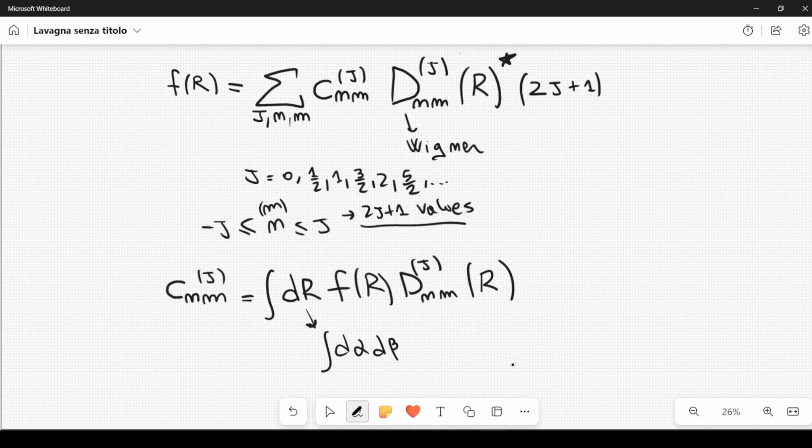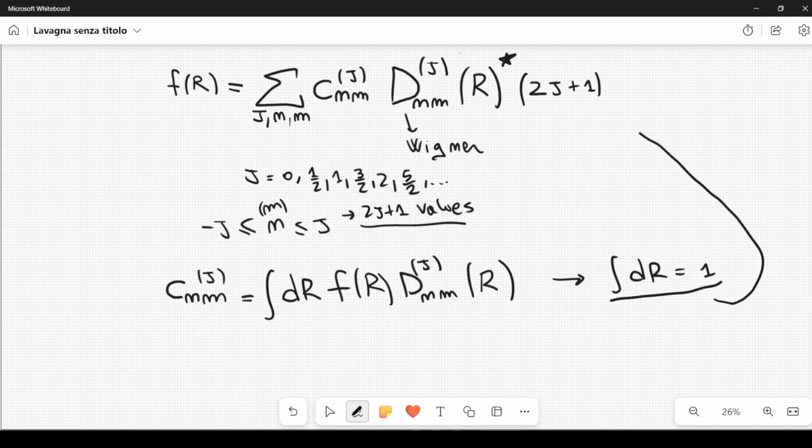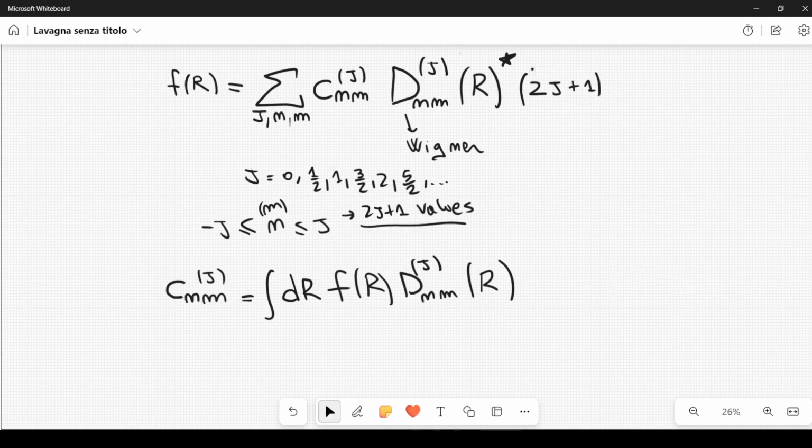And indeed, this is what we will do. In particular, we will define the measure such that the integral over the measure gives us 1. And we will see that when we impose this condition, we are forced to consider this factor 2j plus 1. And we will see it in a few minutes.